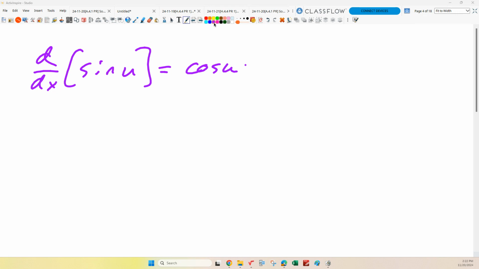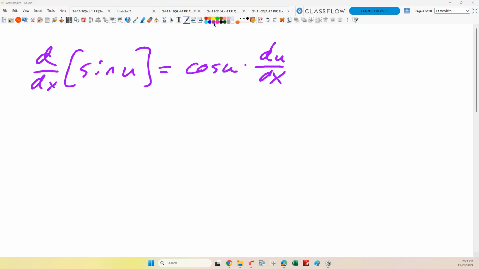Because when I differentiate, the derivative of sine hand is cosine hand, but the derivative of what's inside the function, the derivative of u, is du dx. Because I'm differentiating with respect to x, right? The derivative of u with respect to x is not 1. It's some derivative. Right? Do you see the pattern?